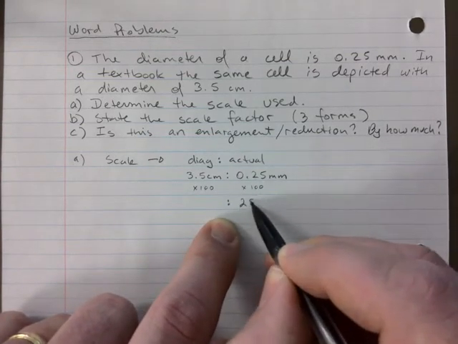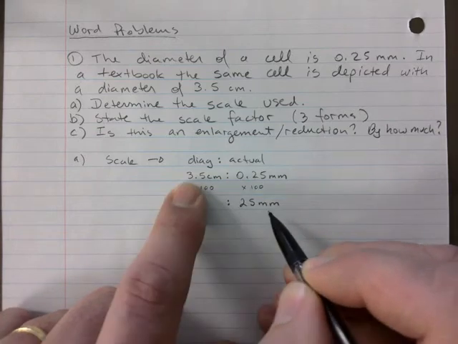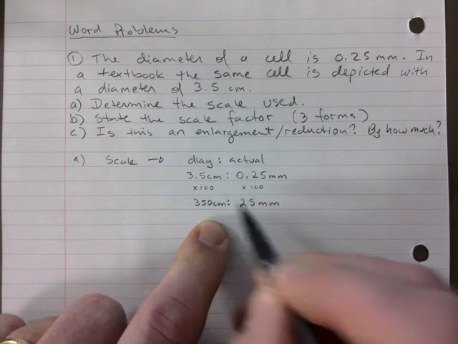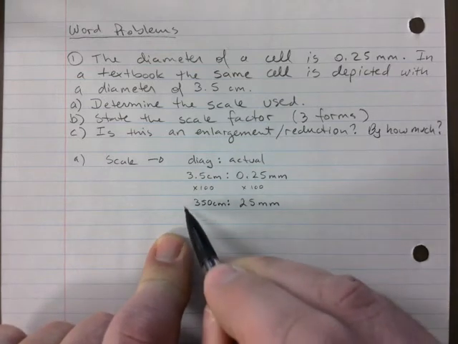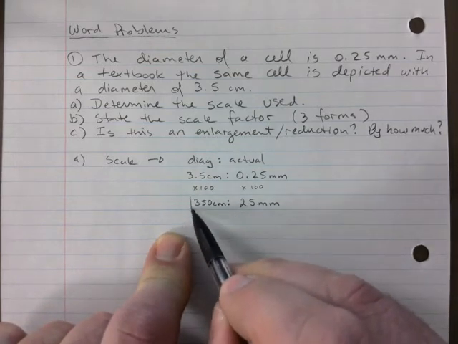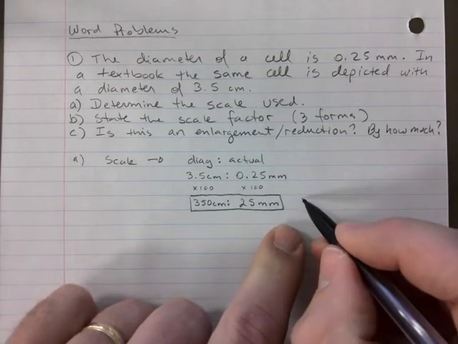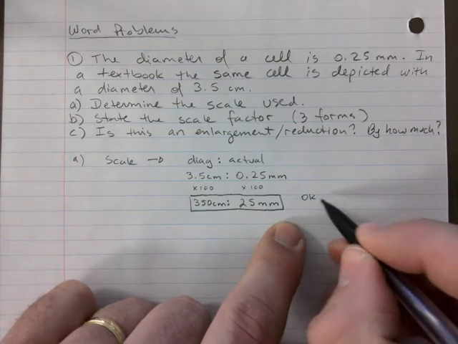And you get 25 millimeters, and here you get 350. You have to keep the units in because they're different units.